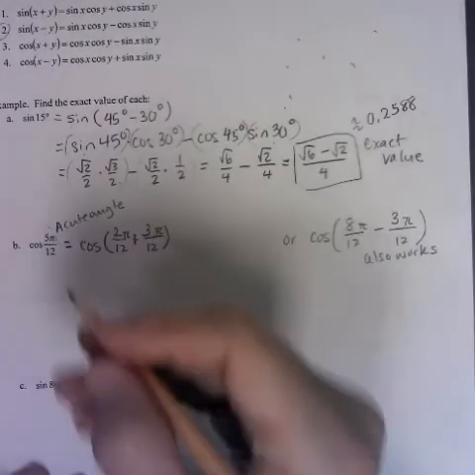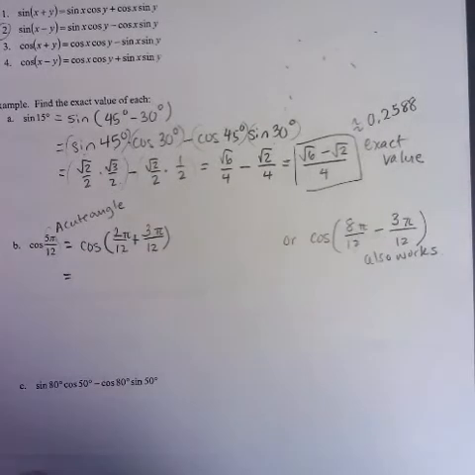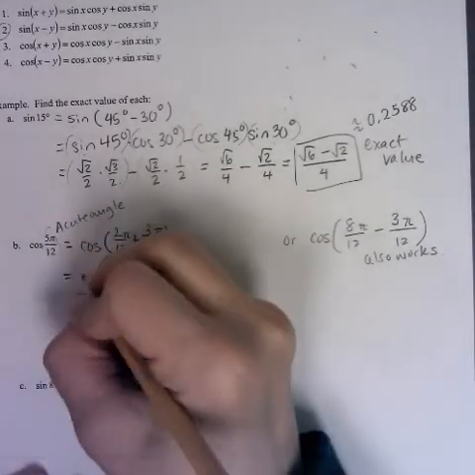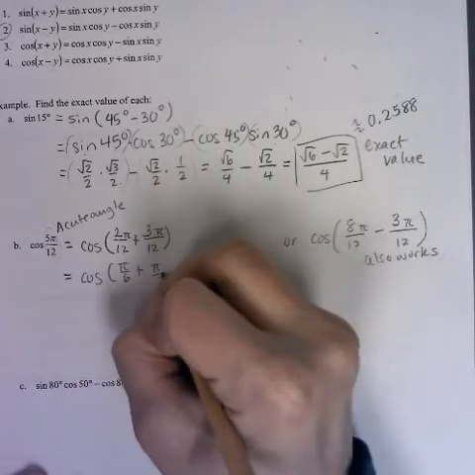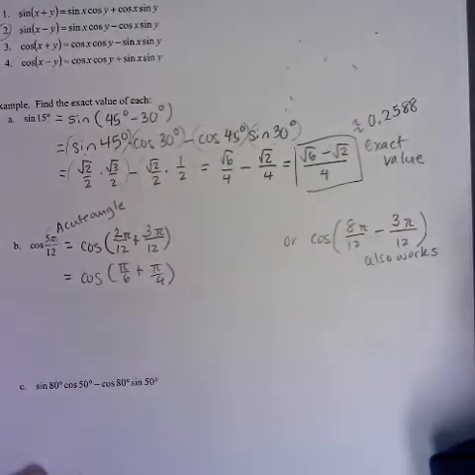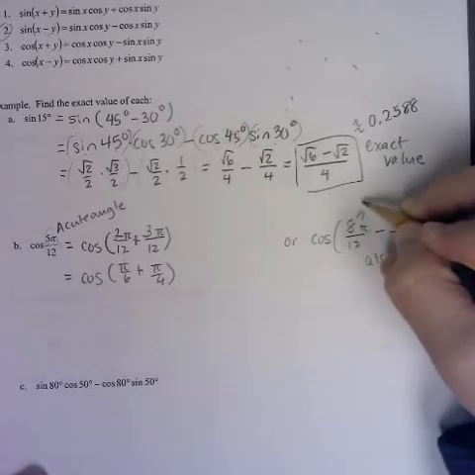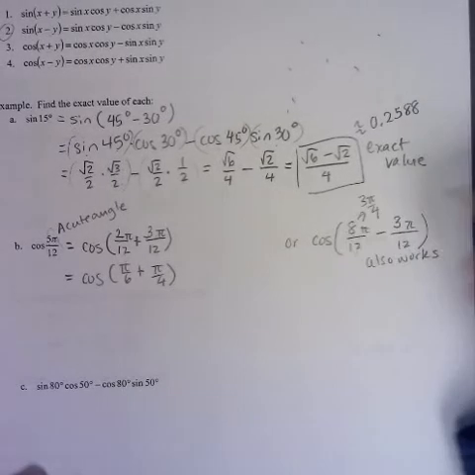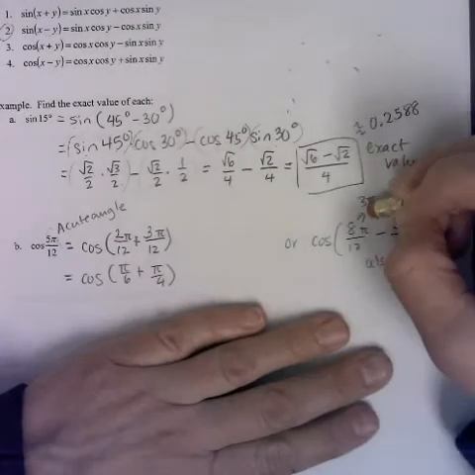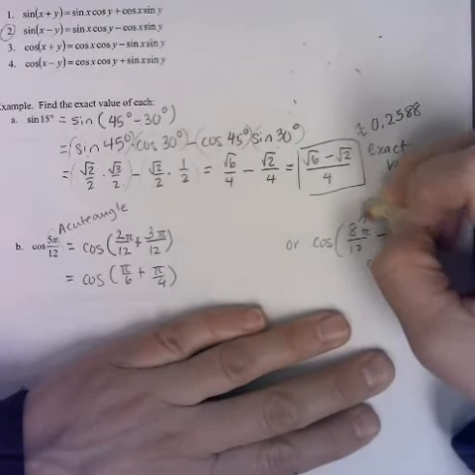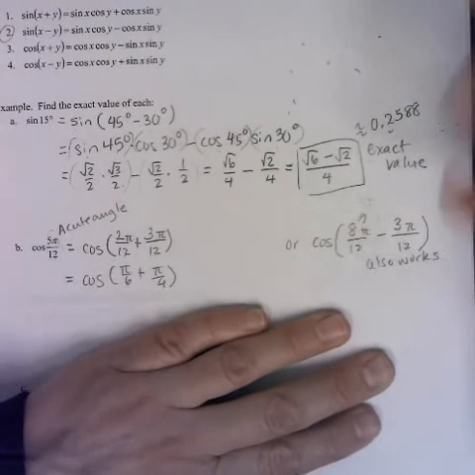Once you come up with a combination here, of course, you need to actually reduce these. So this would be pi over 6 plus pi over 4. And this one is, like I said, 2 pi over 3, I'm sorry. Good thing I went back, because I think I said 3 pi over 4 before.